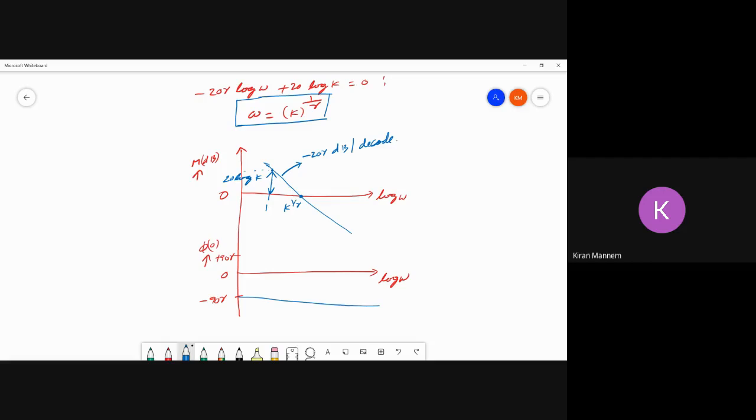Assume this is a straight line. So this is your magnitude plot and this is your phase plot. If you have any questions, you can ask till this point. Any questions?